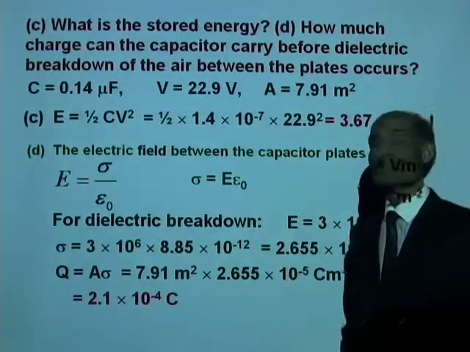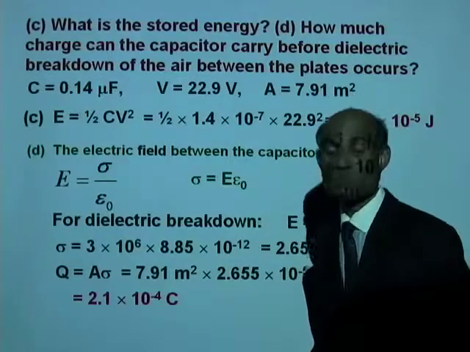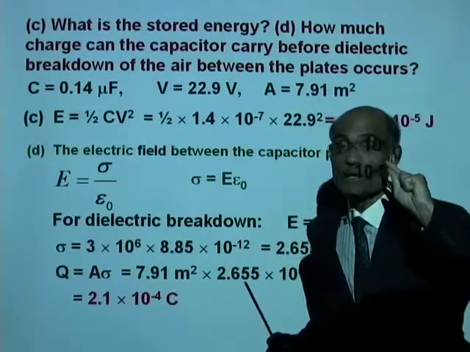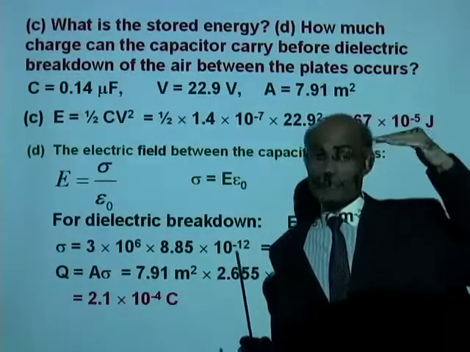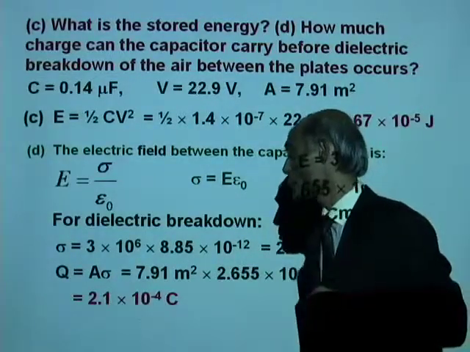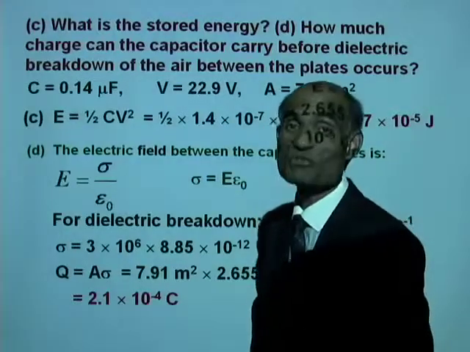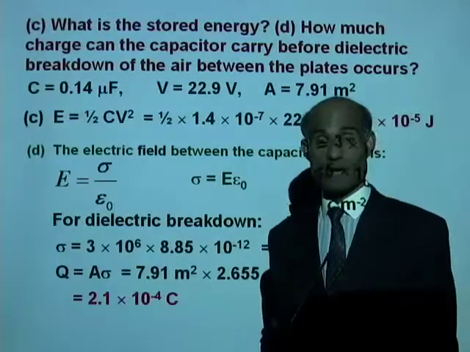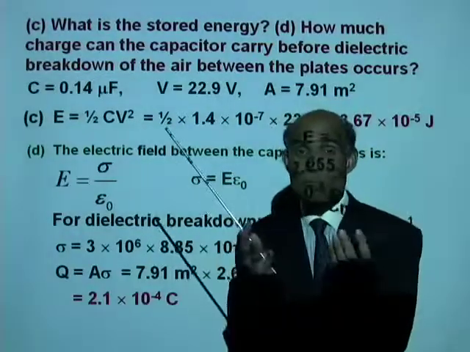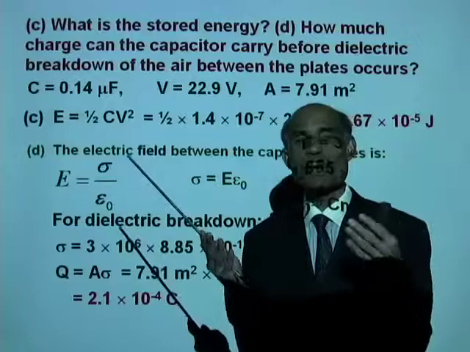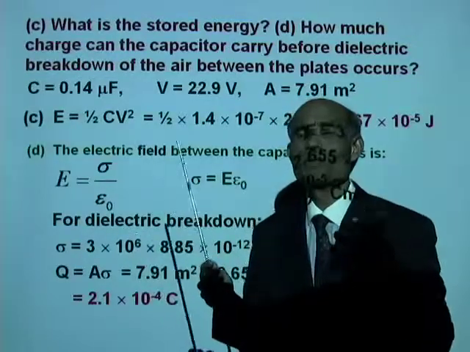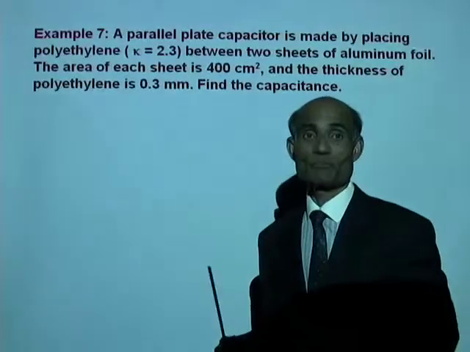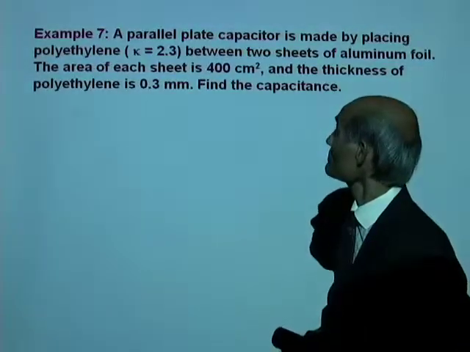Therefore Q, the maximum amount of charge the capacitor plates can hold before dielectric breakdown occurs, is 2.1 times 10 to the negative 4 coulombs. Alright? Now you can see all these are basic problems we are doing. We are not doing any complex problems. But I want you to be familiar with this. Okay? Let's do another one.